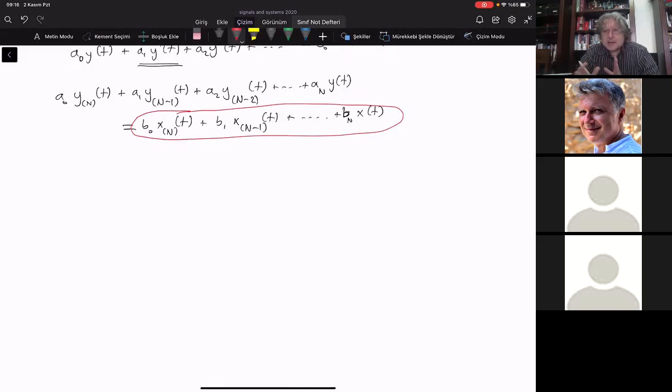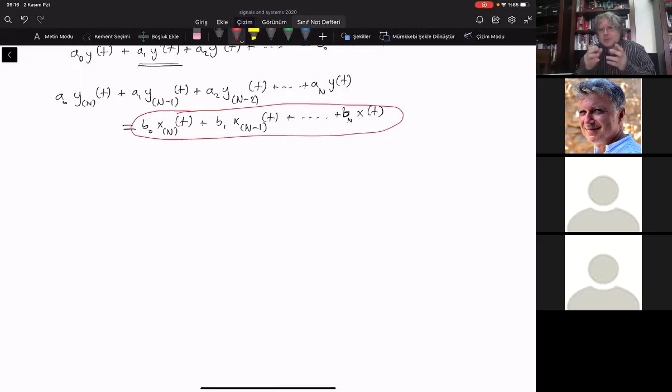And every integrator block will convert, let's say, x sub k of t to x sub k plus 1 of t, excuse me.